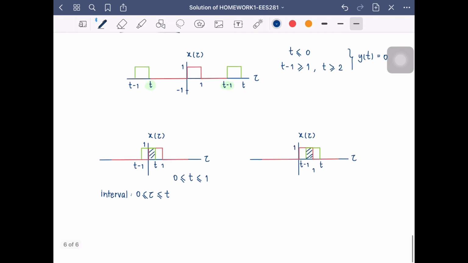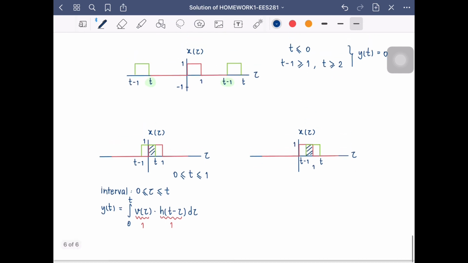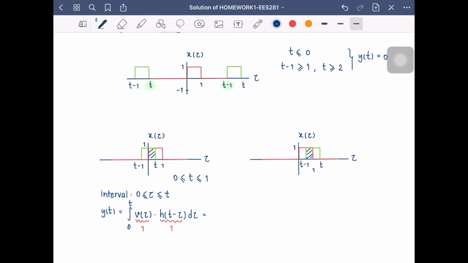Now we got y(t) equal to the integral from 0 to t of v(tau) h(t minus tau) d tau. You can see that v(tau) is equal to 1, and h(t minus tau) is also equal to 1. Now we get this integral equal to t.